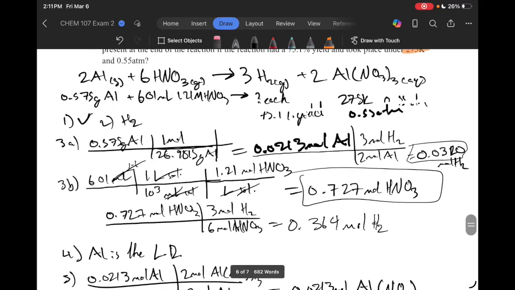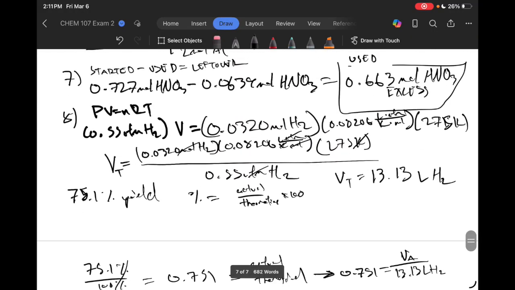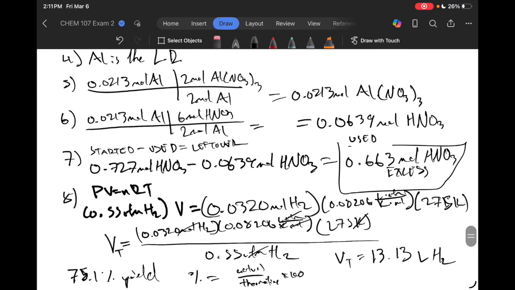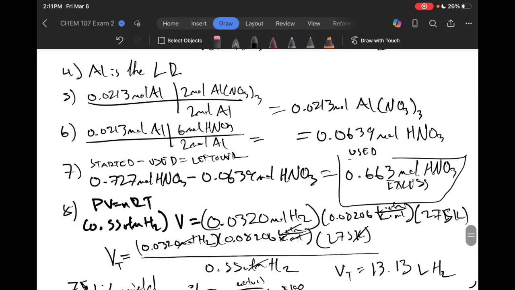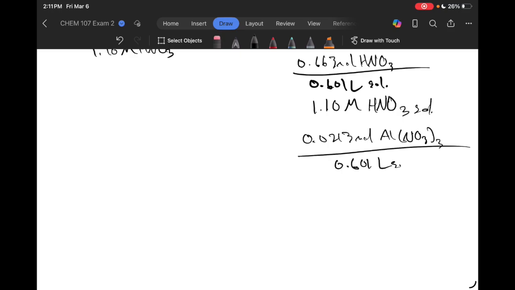Let's do AlNO3. This one right here is 0.0213 moles of AlNO3 divided by the same volume, 0.601 liters of solution.